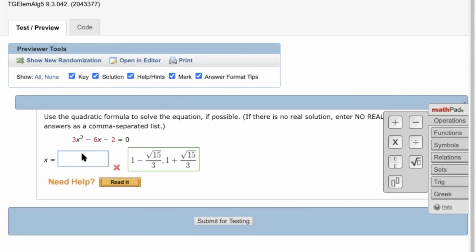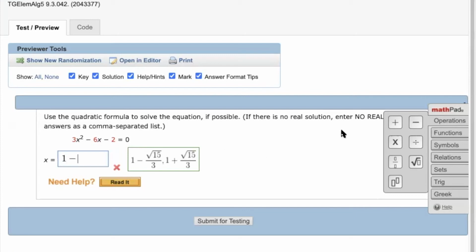Someone had asked me, can you go through the steps of actually entering this? Unfortunately, you can't see my hands on the keyboard at the same time. But what you can see is that I can type in my 1 and my minus. I'm going to go ahead with the negative 1. Yes, it is a negative number.